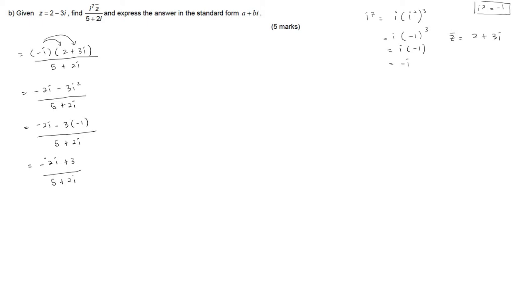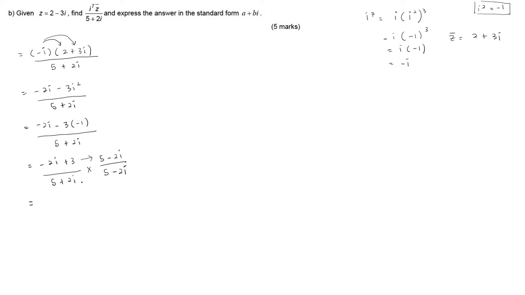We have simplified the numerator, and now for the denominator. To solve a fraction of complex numbers, multiply by the conjugate of the denominator. The denominator is 5 plus 2i. The conjugate is 5 minus 2i. Just expand.